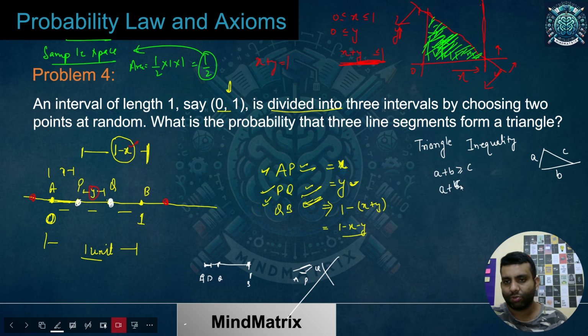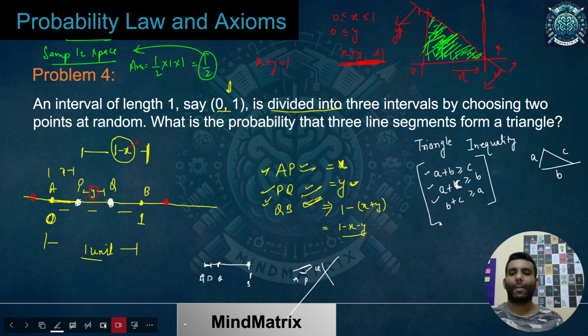So A plus B must be greater than C, and similarly A plus C must be greater than B, and B plus C must be greater than A. These three conditions must be fulfilled, then only I can say that there is a triangle getting formed. Similarly we'll do that. We know the three sides AP, PQ, QB, and we know the lengths as well.